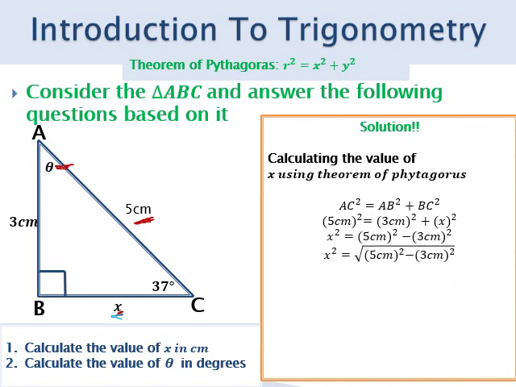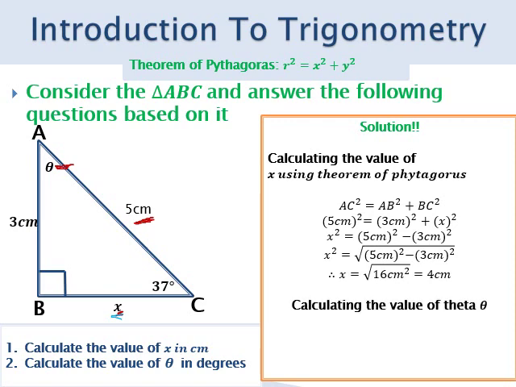Now because we are looking for X but not X squared, your answer becomes this, because you're going to take that 3 centimeters squared to the other side, then your answer becomes 5 centimeters squared minus 3 centimeters squared. Then you get the square root of 16 centimeters squared. Then your answer becomes 4 centimeters.